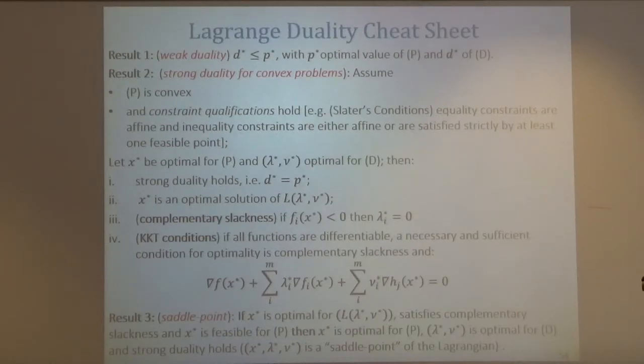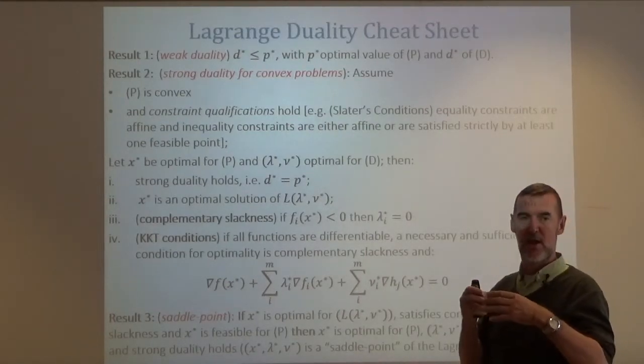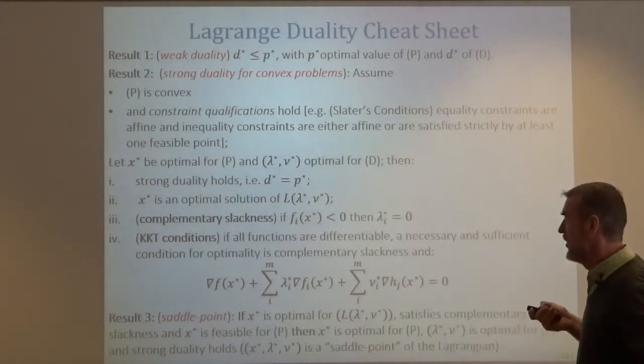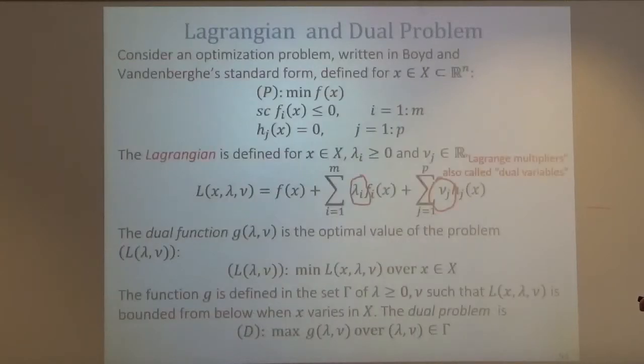So if the equality constraints are linear, then we need a mild condition that the inequality constraints are either linear themselves or affine, that means linear plus constant terms, and that's enough. If we have this, that's enough. Or if they're not linear, they must be satisfied strictly by at least one feasible point. That means that among the set of constraints there must be at least one point that satisfies all the inequalities strictly. The inequalities are less than or equal.